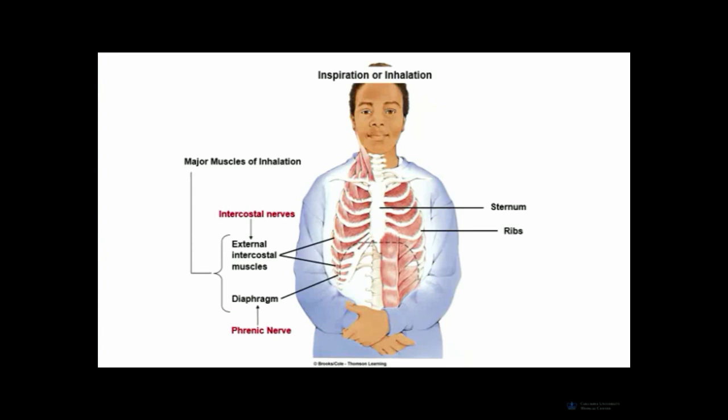There's an internal intercostal muscle set that moves one way, and an external intercostal muscle set that's on top and goes the other way. The external intercostal muscles, when they contract, lift the rib cage. And they increase the transverse circumference of the rib cage.